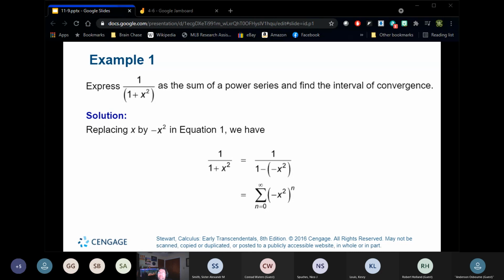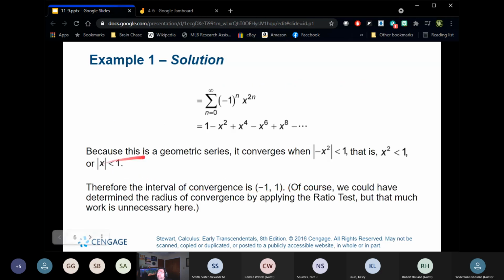Once we have it as a power series, we then can determine where it converges and diverges. Since it's a geometric series, we know it converges when whatever the x is has absolute value less than 1. So I know negative x squared has to be less than 1 in absolute value. That means x squared has to be less than 1.